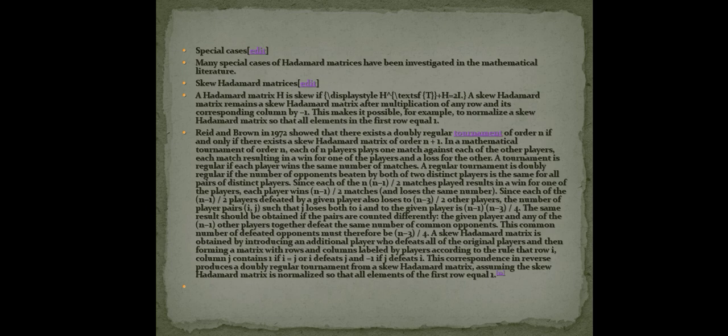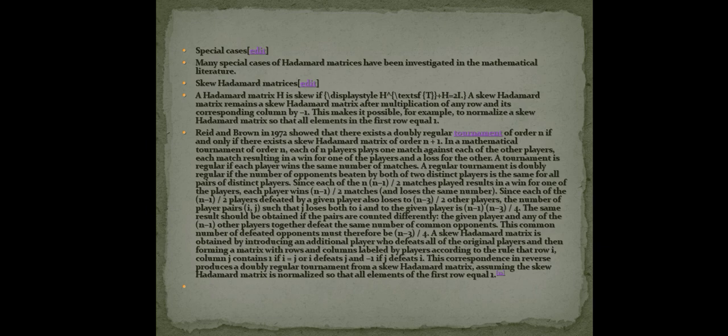Special cases. Many special cases of Hadamard matrices have been investigated in the mathematical literature. Skew Hadamard matrix. A Hadamard matrix is skew if it remains a skew Hadamard matrix after multiplication of any row and its corresponding column by minus 1.